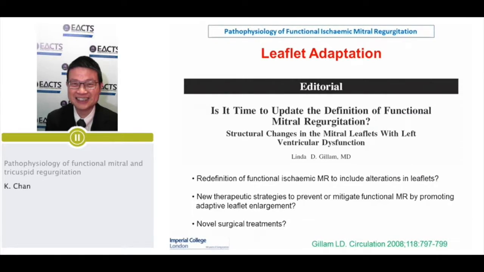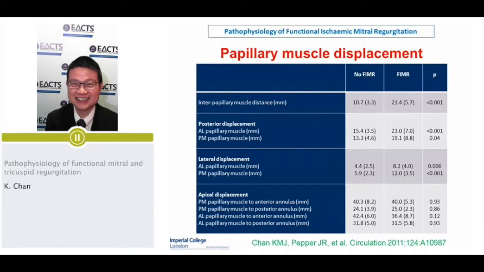So is it time to update the definition of functional mitral regurgitation to include structural changes in the mitral leaflets with left ventricular dysfunction, as suggested in this editorial in Circulation? If this is the case, then there may be newer strategies to mitigate functional mitral regurgitation by promoting leaflet adaptation, leaflet enlargement at the cellular level, and also novel surgical treatments to treat this, such as leaflet augmentation.